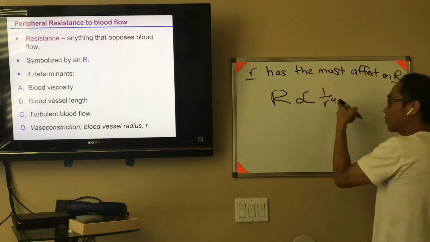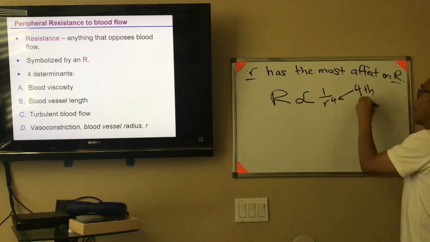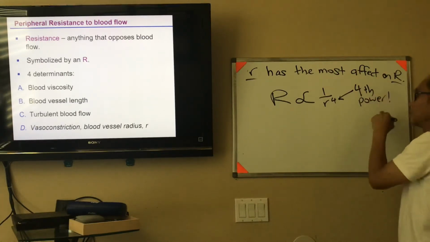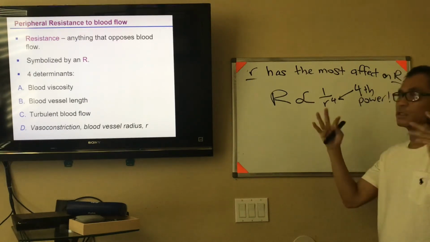In fact, it affects it to the fourth power. Exclamation point. That means radius affects resistance a lot.